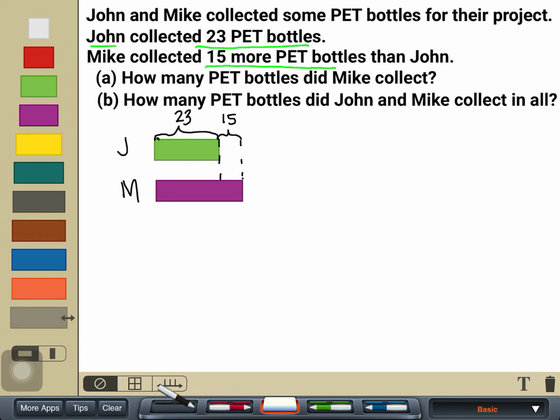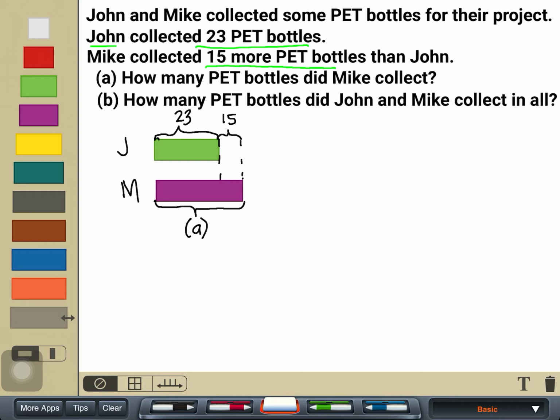Alright, let us try to answer the word problem now. We have to find out how many PET bottles Mike collected. That would be letter A. I will just label this as letter A. So how are we going to solve for letter A?